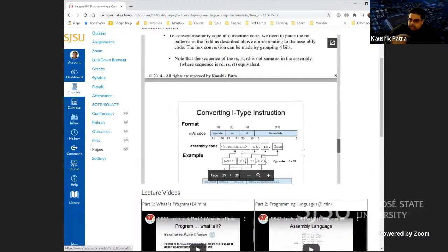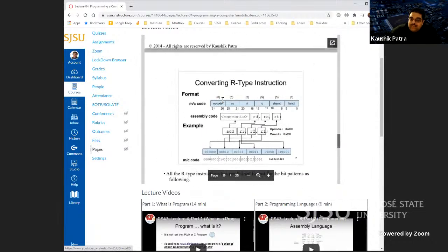Another thing you need to emphasize is how the number of bits is given per field. It is not arbitrary: the immediate is given 16 bits, RT is given 5 bits, RS is given 5 bits. This bit allocation in the machine code is not arbitrary. There is some reason behind it.